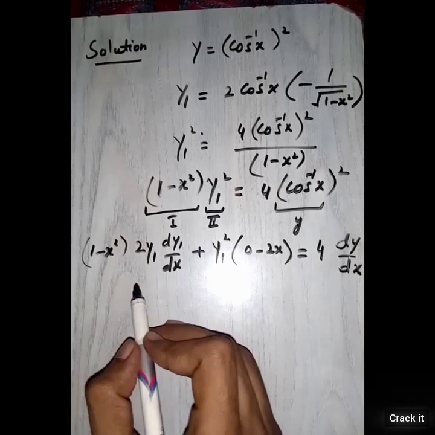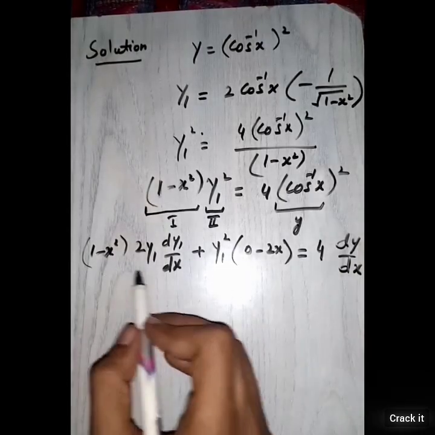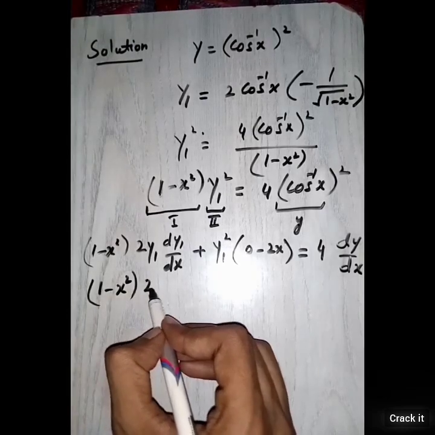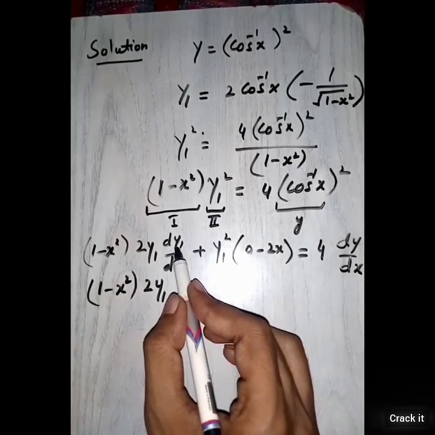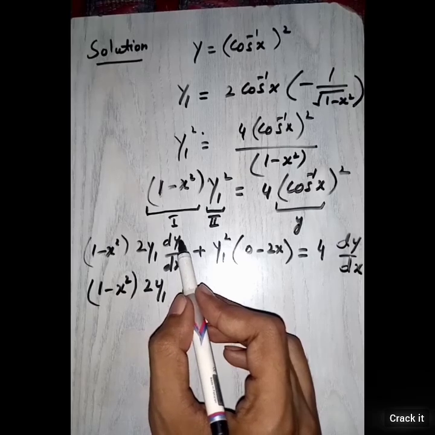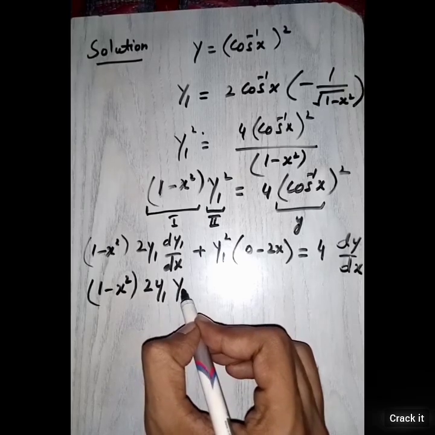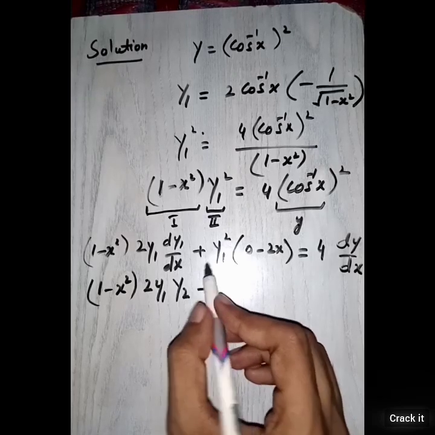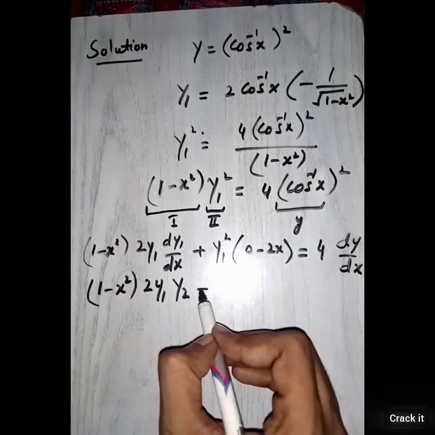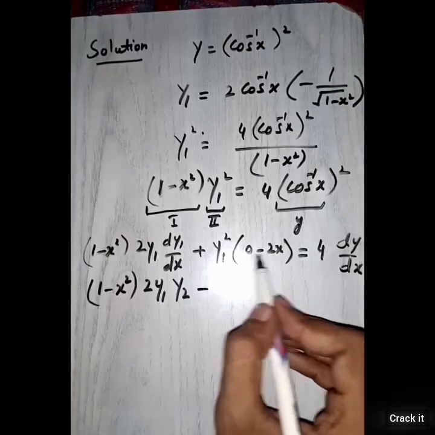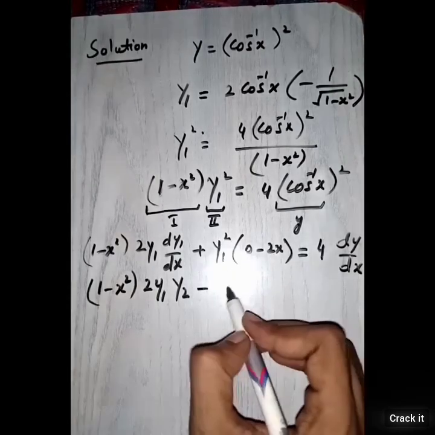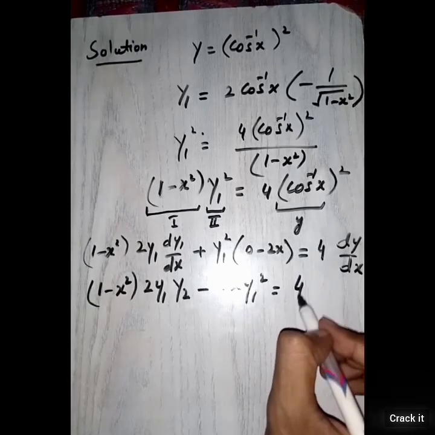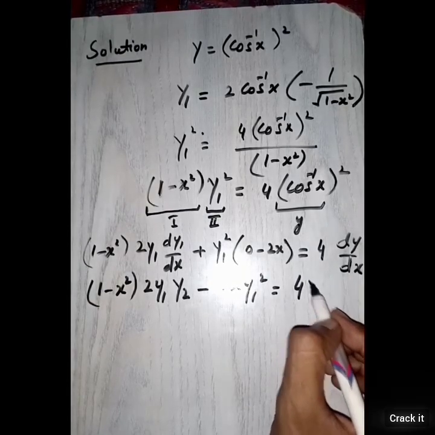Now you can solve this equation further, and here we will have 1 minus x square into 2y1, as this is the derivative of the first derivative of y, and it is actually the second derivative of y, plus, actually this one becomes plus into minus, and when this 2x is multiplied with this y1 square, it becomes 2x y1 square equals 4 into, this is the first derivative of y, y1.